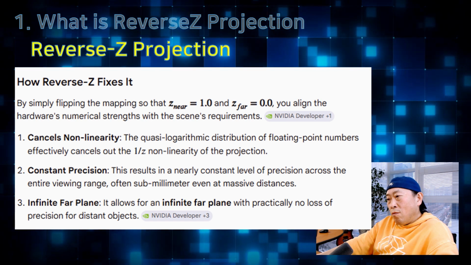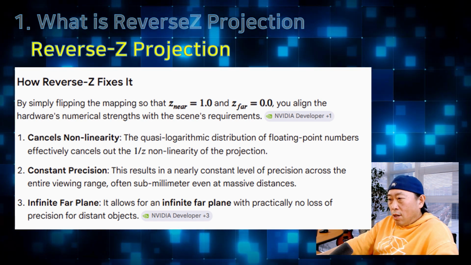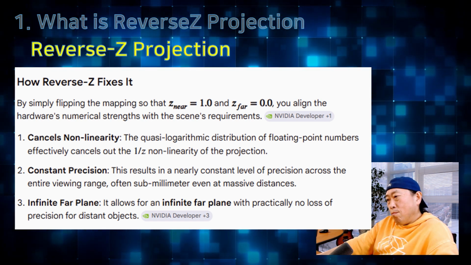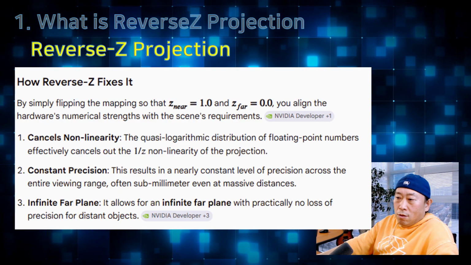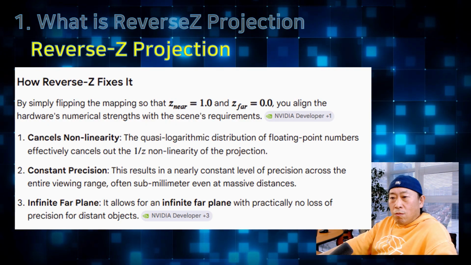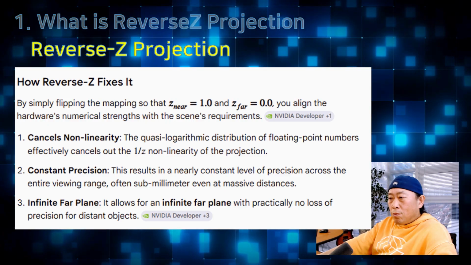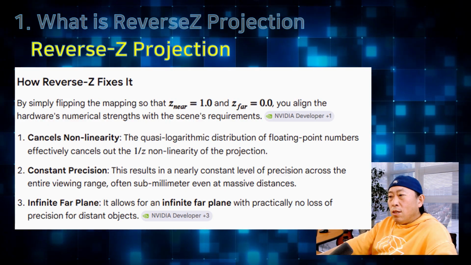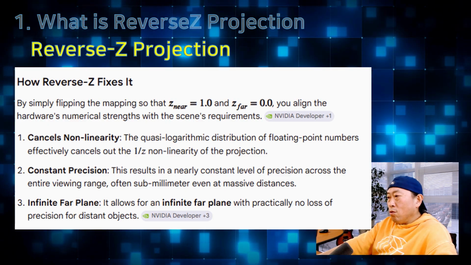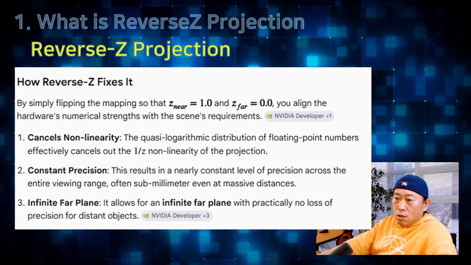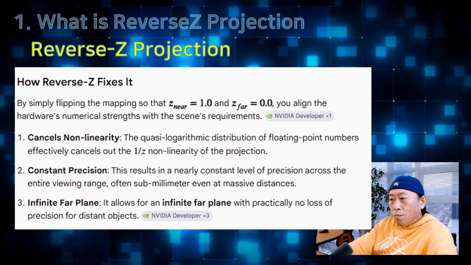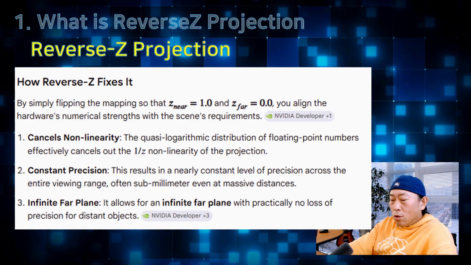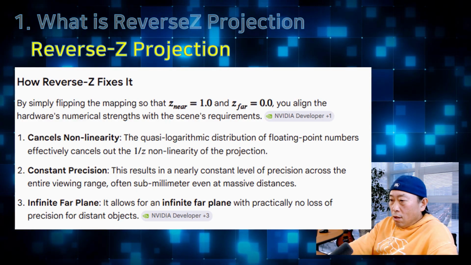This is why the reverse Z method is better than standard Z perspective projection. They say that with this formula, the method maps the depth value linearly and the precision is constantly distributed. You can extend the ratio of far plane to near plane to more than 100,000.